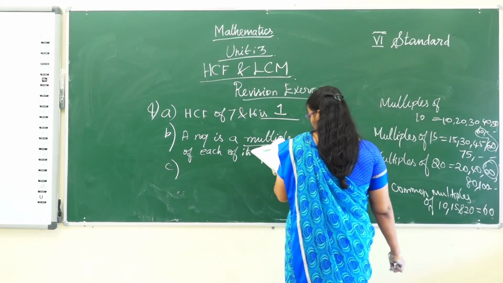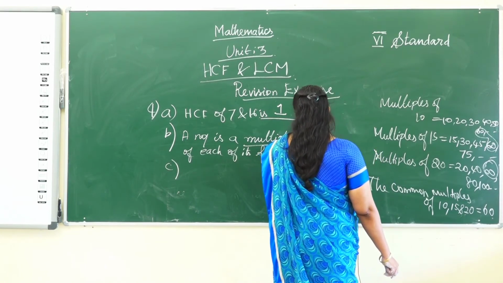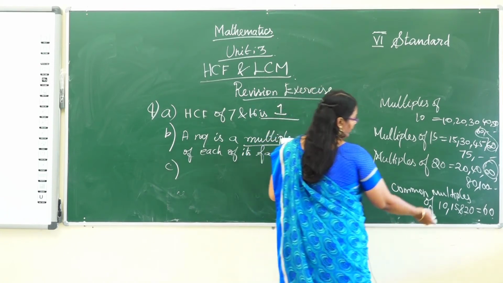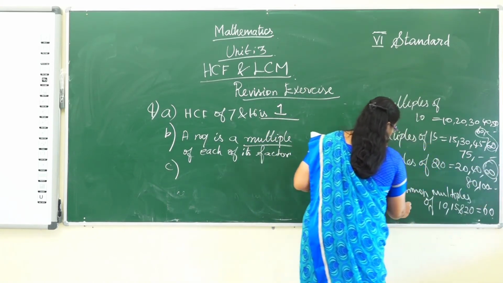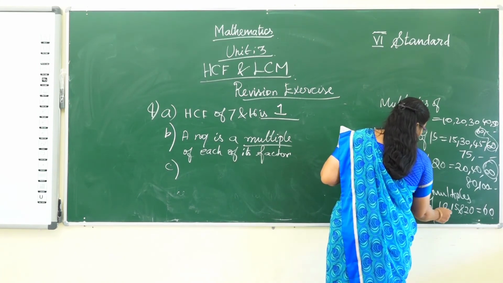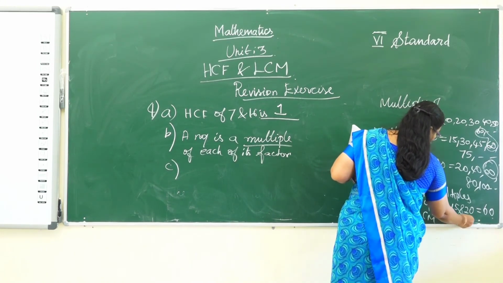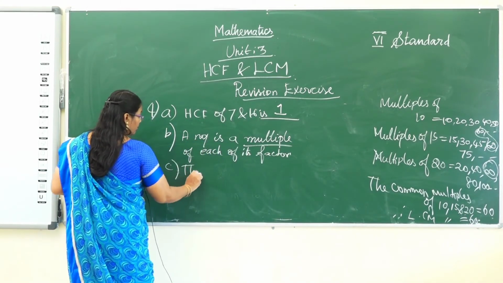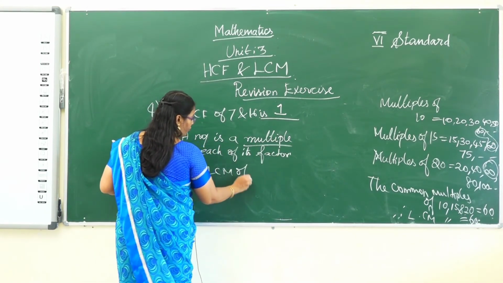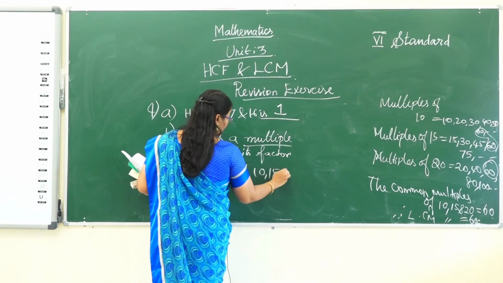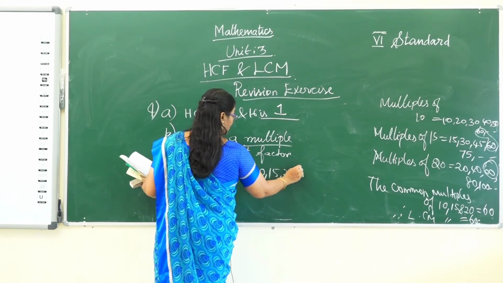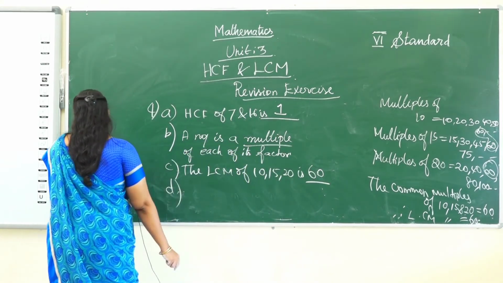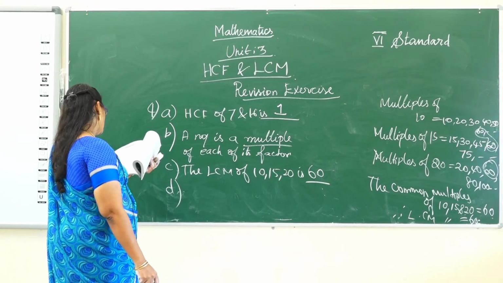Here we find the LCM, the least common multiple. So the LCM of 10, 15 and 20 is 60.